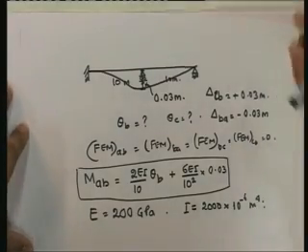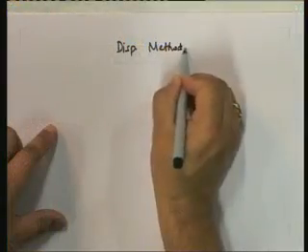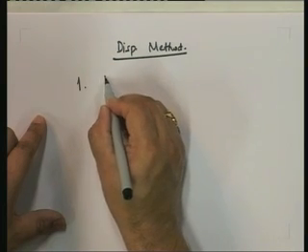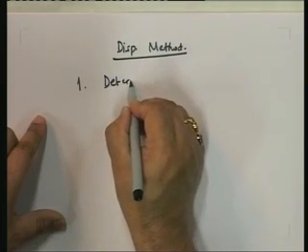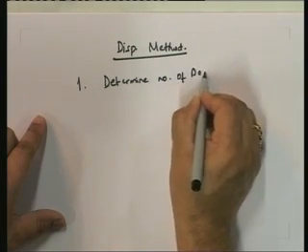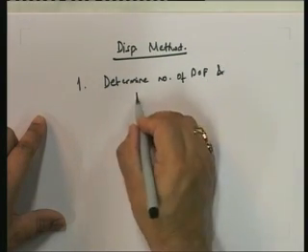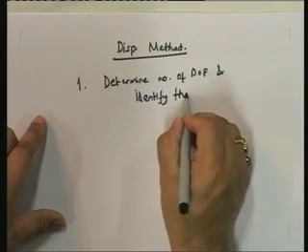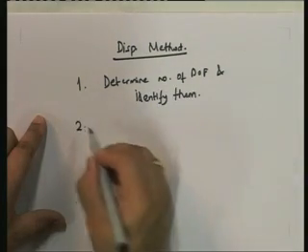So just to review, what is the procedure for the displacement method? 1. Determine the number of degrees of freedom and identify them. 2.